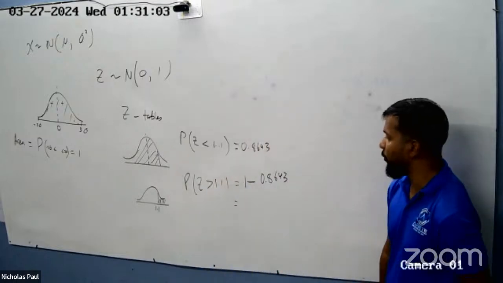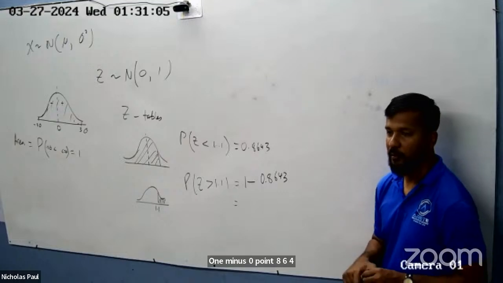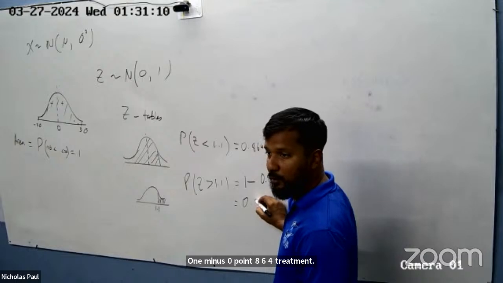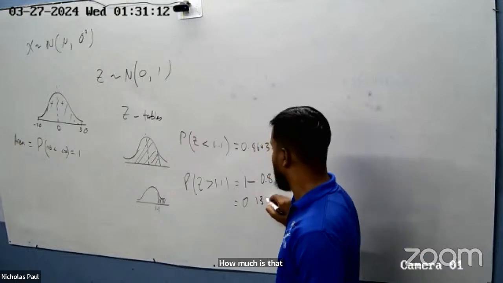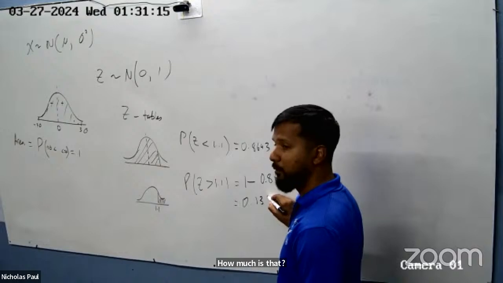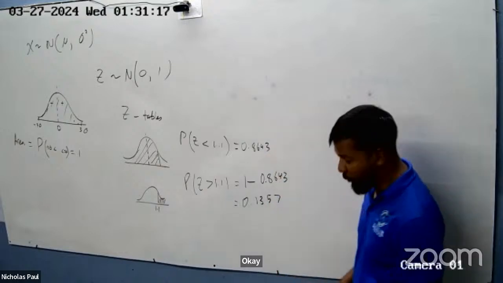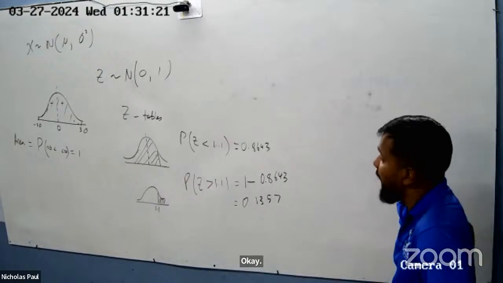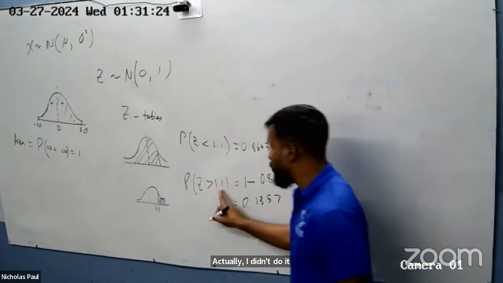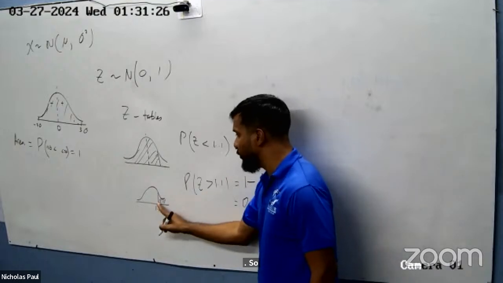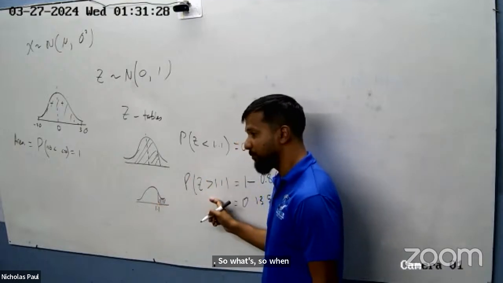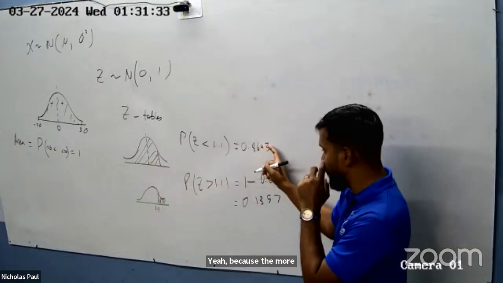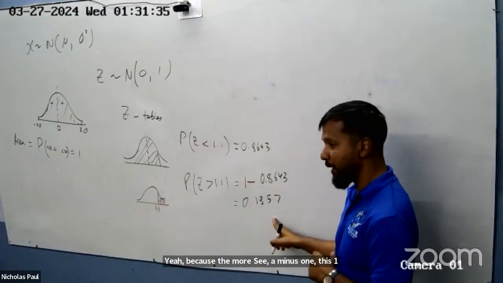One minus 0.8643. How much is that? 0.1357. So when it's more than, you have to use the value from the less than and subtract it from 1, because the more than and the less than make up 1.